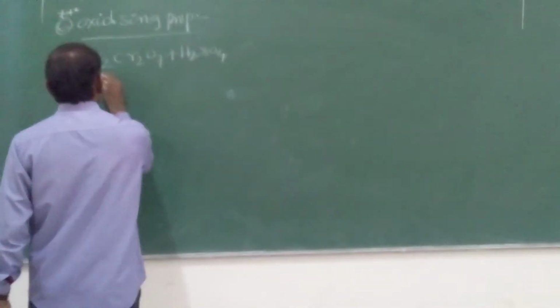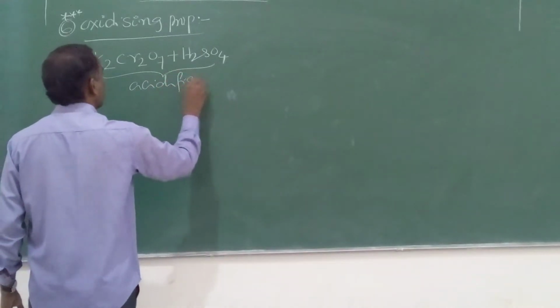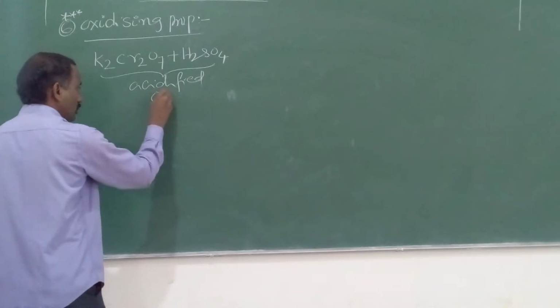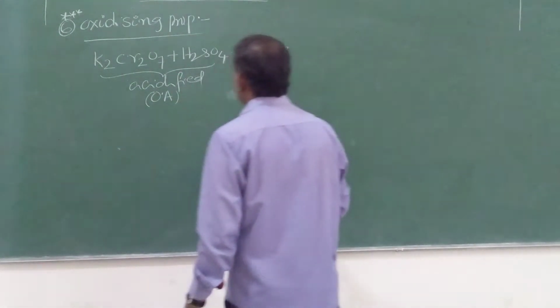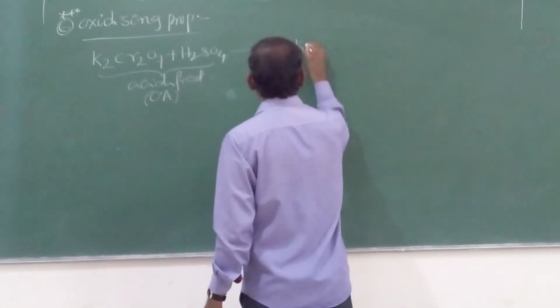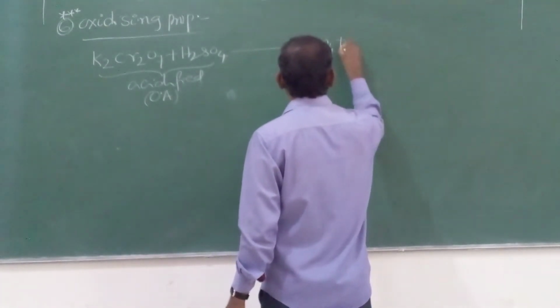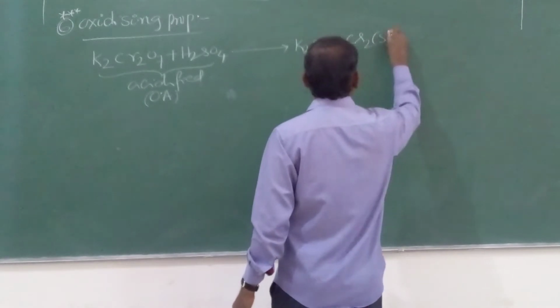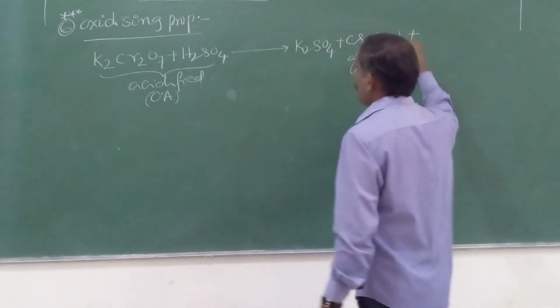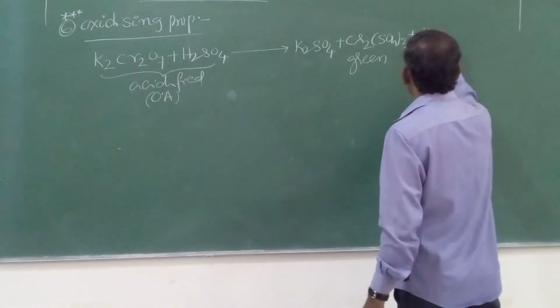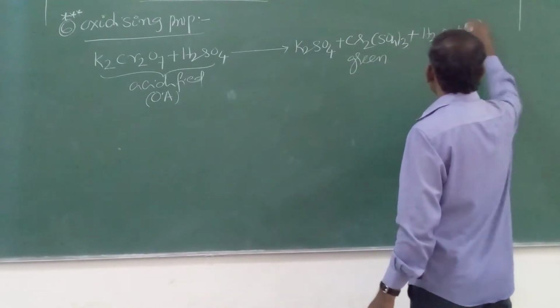K2Cr2O7 plus H2SO4. This is acidified potassium dichromate, which acts as an oxidizing agent. When it reacts with H2SO4, what forms is K2SO4 plus Cr2(SO4)3, a green colored compound, plus H2O, plus nascent oxygen.